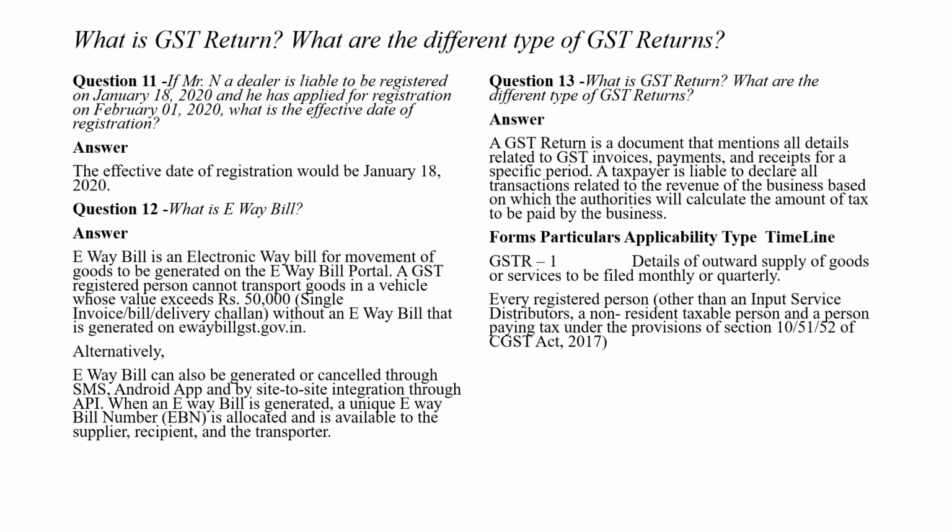A GST registered person cannot transport goods in a vehicle whose value exceeds rupees 50,000, with a single invoice, bill, or delivery challan, without an e-way bill that is generated on the e-way bill portal.